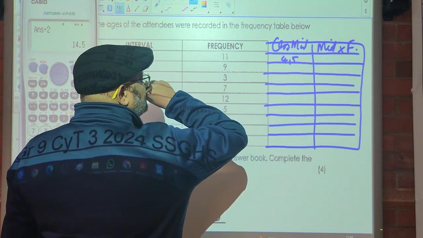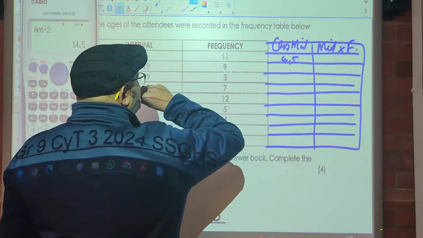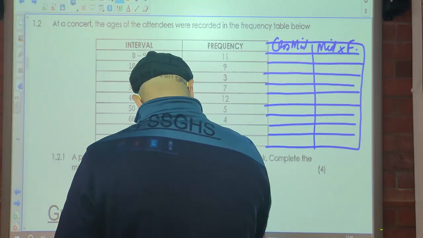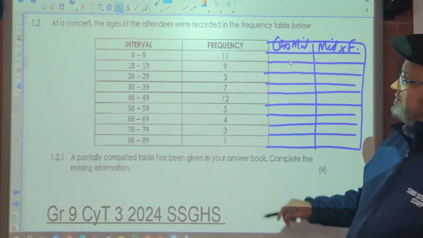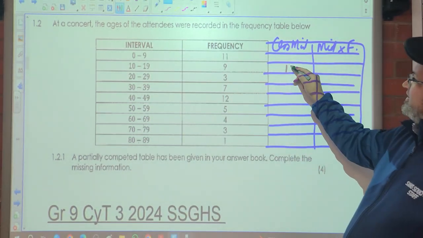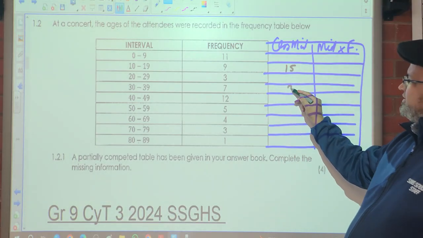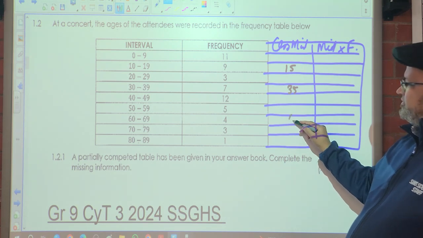Sorry? Why? Okay, so what values was given? 13. 15. So that one is 15 here. And then 35, which is that one here? 65.